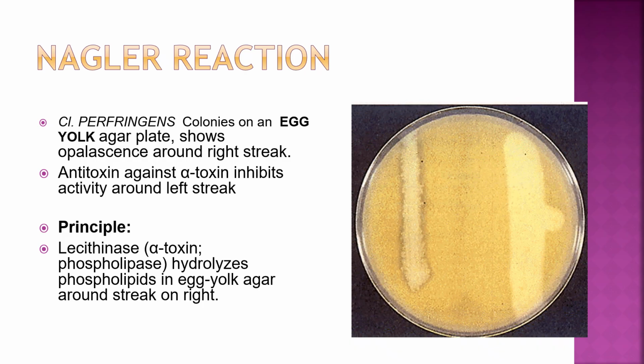So what is the principle? Here lecithinase, that is alpha toxin, has an action like phospholipase, and that hydrolyzes phospholipids present in egg yolk around the streak, and then you will see opalescence around the streaking of the colonies.